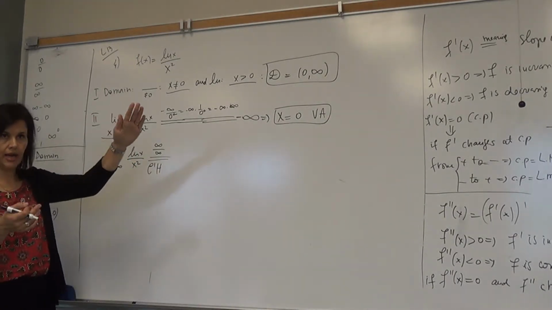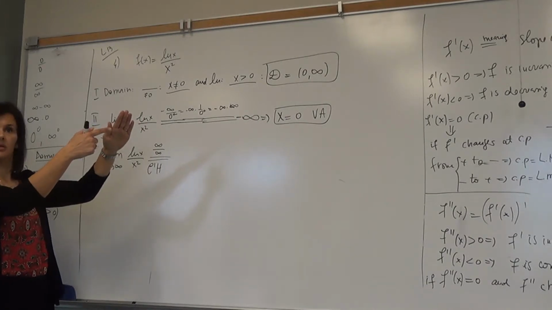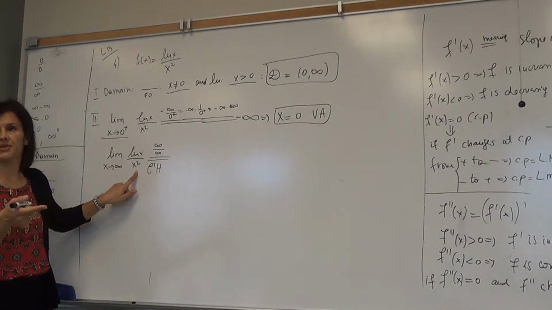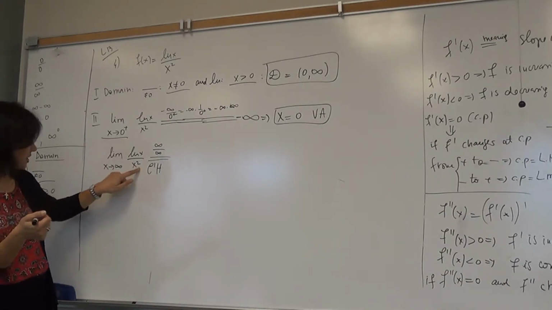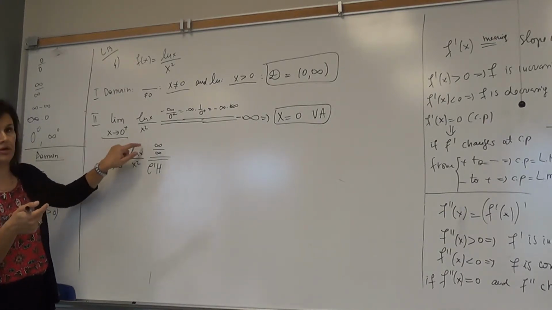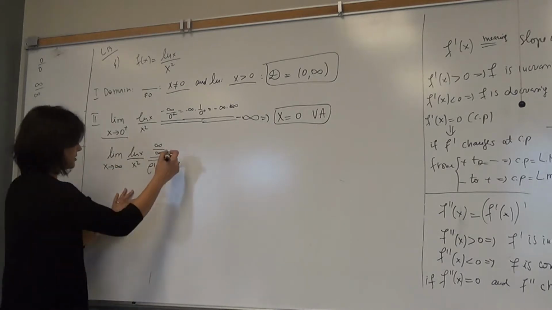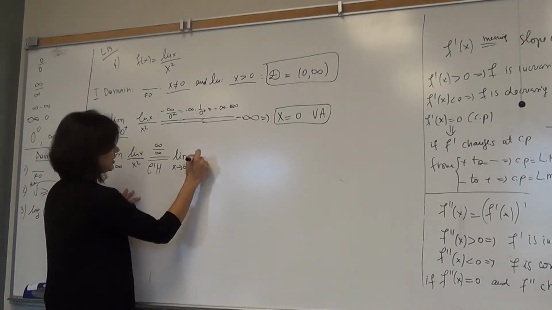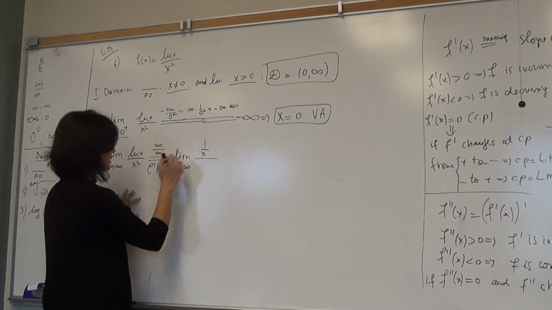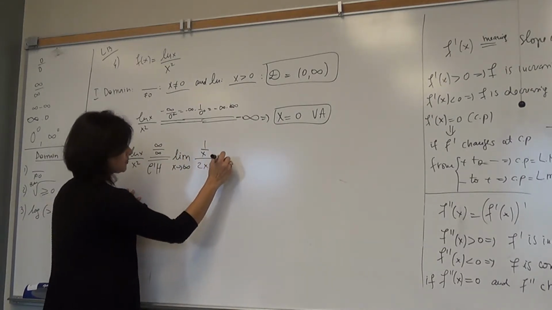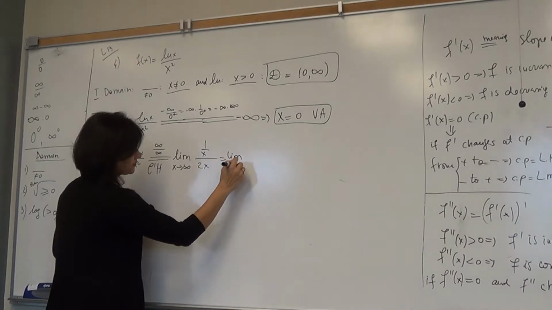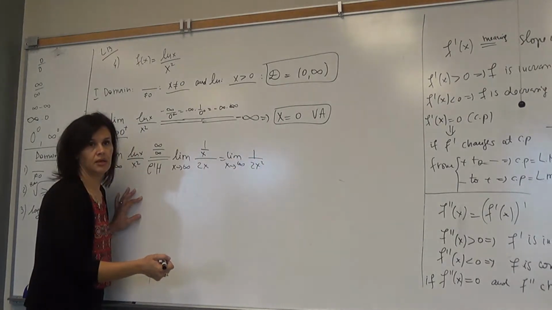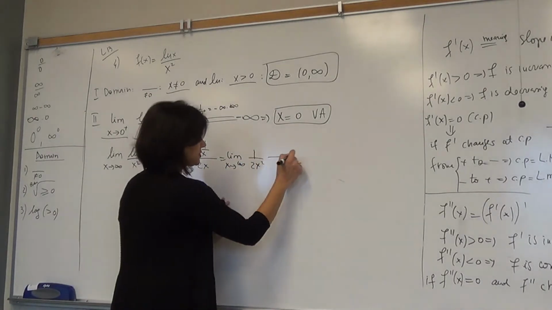We've seen that the line x is above ln of x at infinity. X squared will be even higher, so this will be dominant, so we should get 0, because x squared goes faster to infinity compared to ln of x. But let's apply L'Hopital. Limit of x going to infinity, the derivative of this is 1 over x, the derivative of this one is 2x, which is 1 over 2x squared. As x goes to infinity, you have 1 over infinity, which is 0.